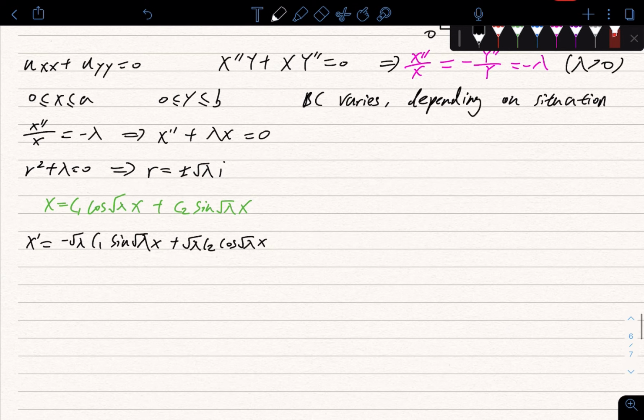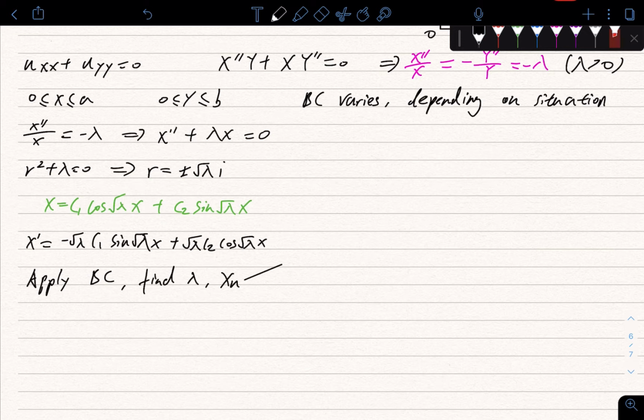Then again, what we do here is apply the boundary conditions and find lambda and X_n. So we're done here.